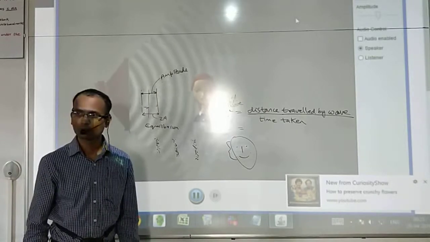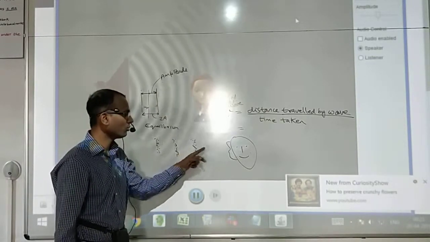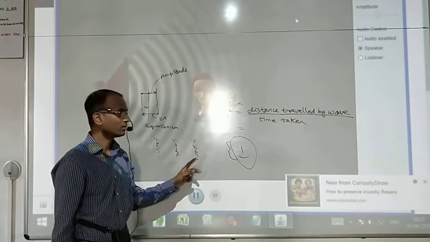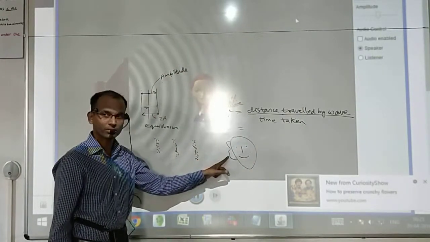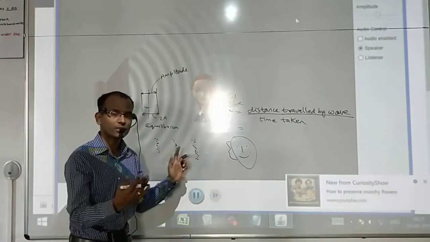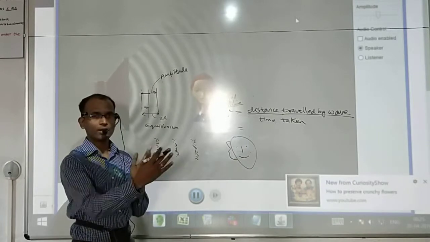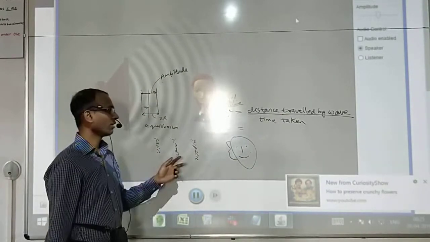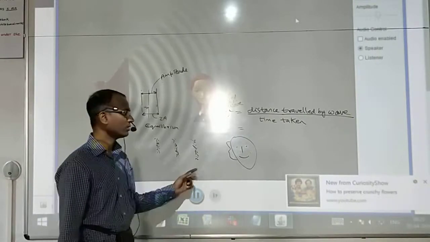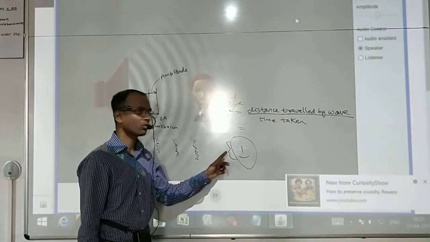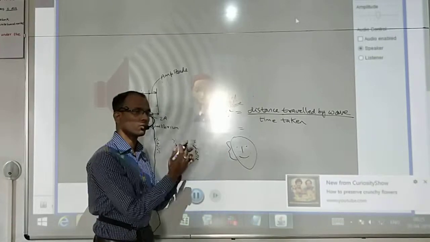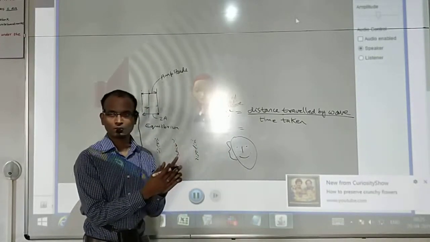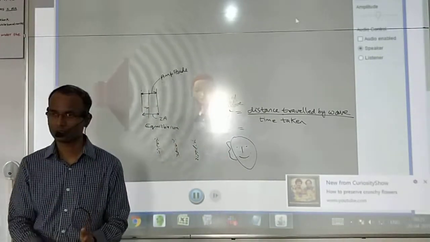Basically, these molecules are not moving till the ear. It's just that the air molecules which are already present near the ear start getting compressed and rarefied. When the wave reaches the ear, the air molecules present near the ear start undergoing compression and rarefaction. Then we say that the wave has reached.